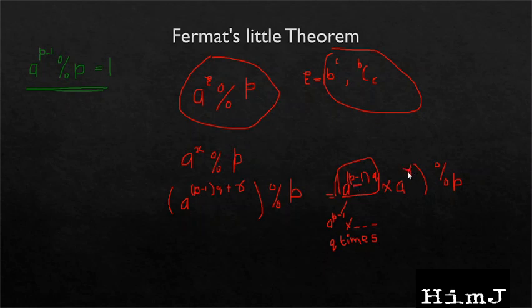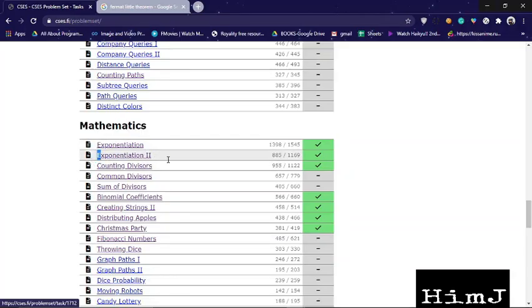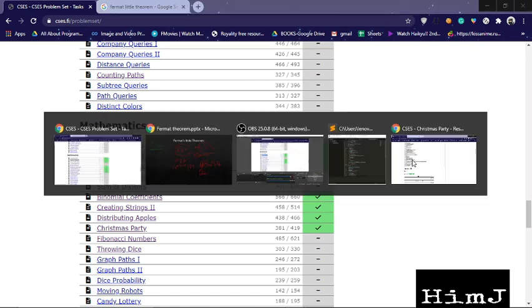So instead of calculating the exact answer of this expression, you can simply calculate e modulo p minus 1, and then calculate a raised to power r modulo p. You can use this approach to try and solve the problem Exponential on CSES. I will be adding the link in the description.